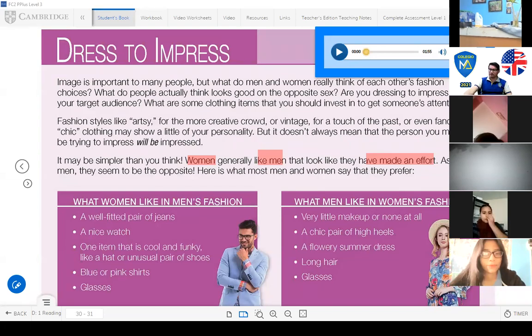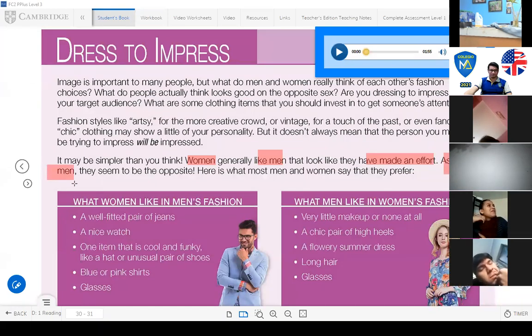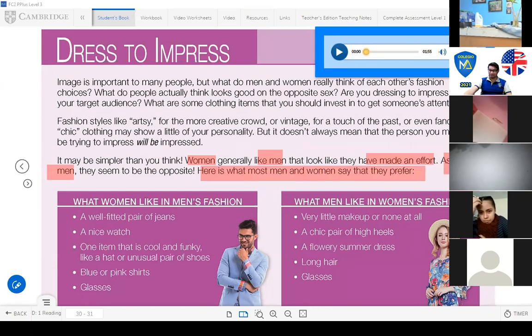But it says in this part about the men, what happened with the men? As for men, it says that they seem to be the opposite. Para el varón es the opposite, lo opuesto, no? It says, here is what most men and women say they prefer. Vamos a ver. What do men prefer?